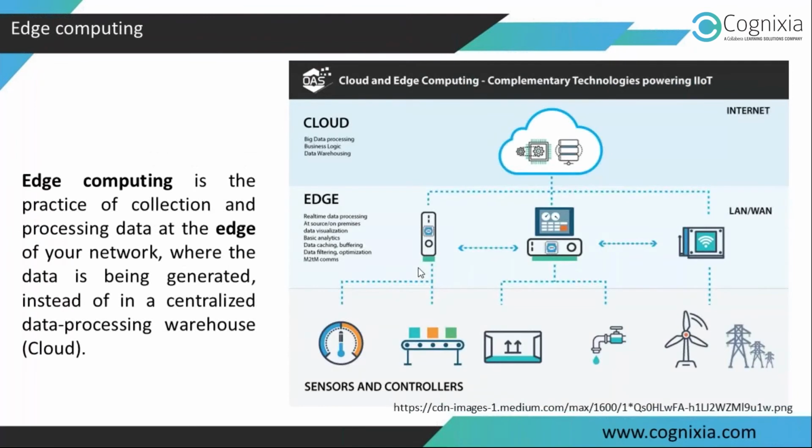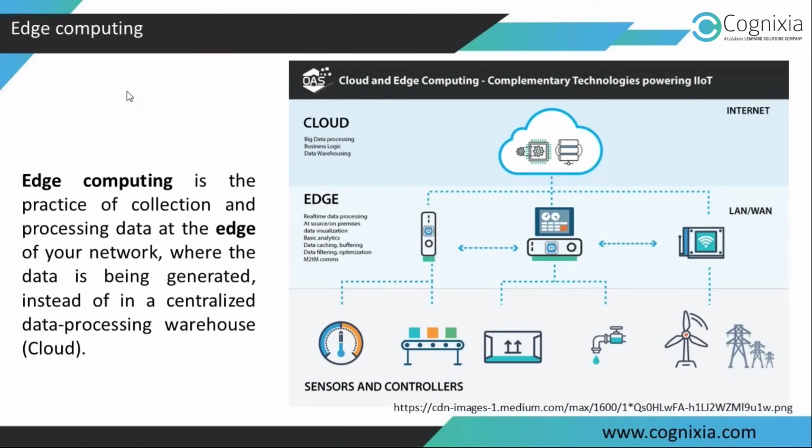Now I'll quickly move to the next point, and this is one of the happening areas: edge computing. The advent of IoT has introduced so many new computing paradigms, or computing frameworks.